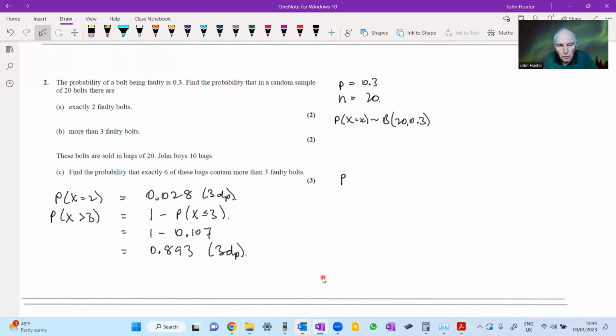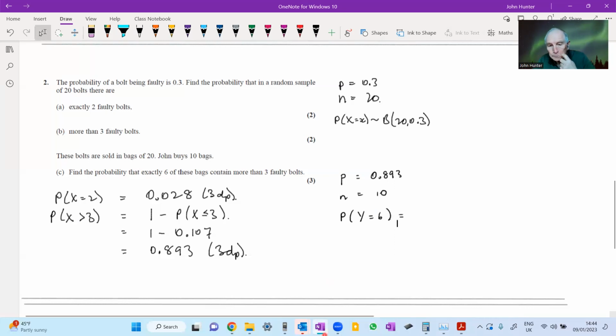having more than 3 faulty bolts is, as we just calculated, and we're buying 10 bags, so our n is 10. And we're interested in the probability that, let's just use another letter because it's effectively got a different random variable, Y is exactly 6, Y equals 6.